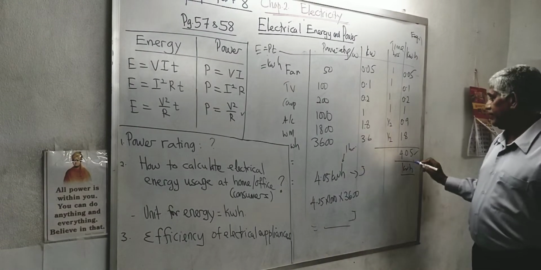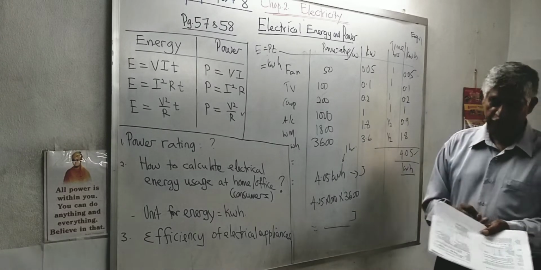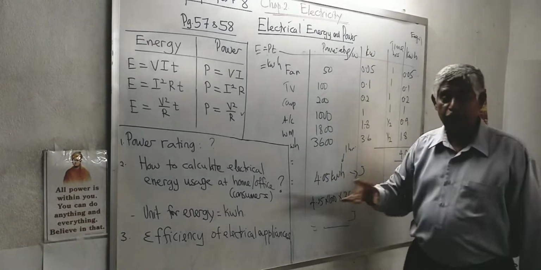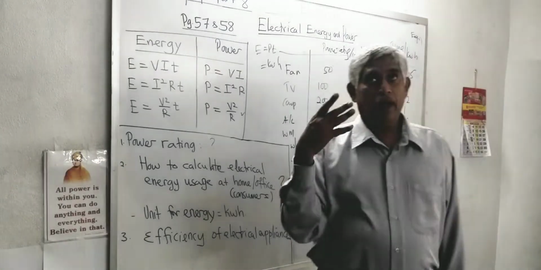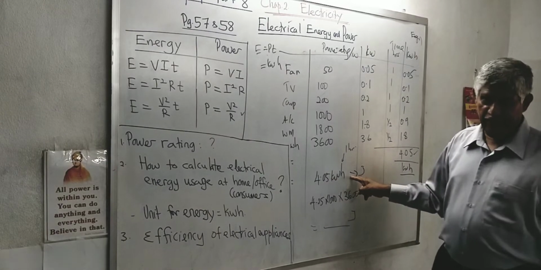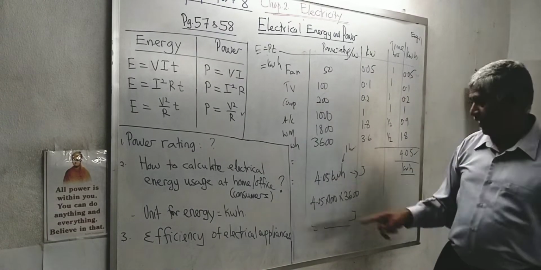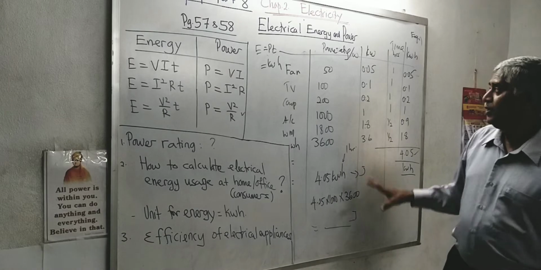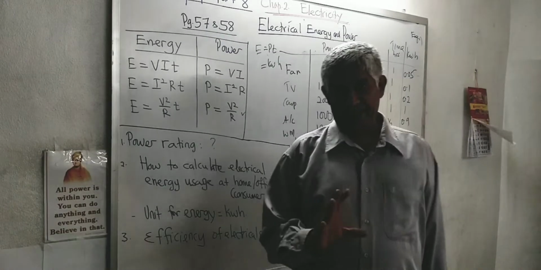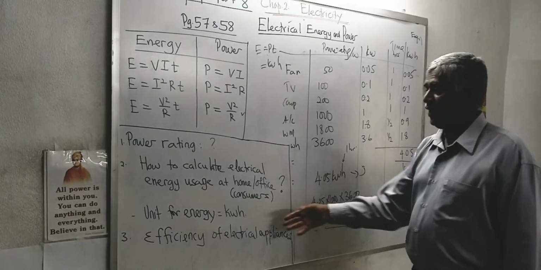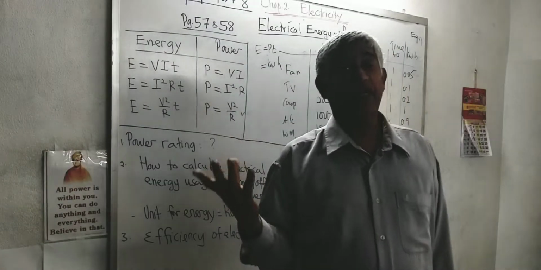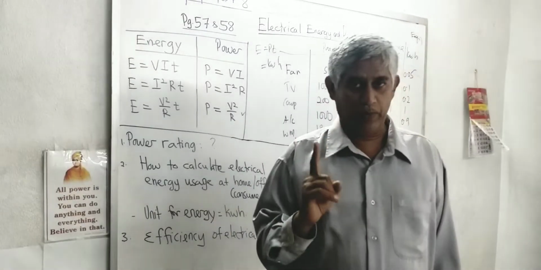But for TNB, they use 4.05, and maybe this is for 1 day. If you are using the same manner for 1 month, let's say April, then you multiply by 30. Let's say you are using for January, 31 days, so you times by 31 days. So this is how you calculate energy for home appliances. Then they give you the rate, maybe 1 unit of energy is 25 cents. 1 unit means 1 kilowatt hour, 25 cents.